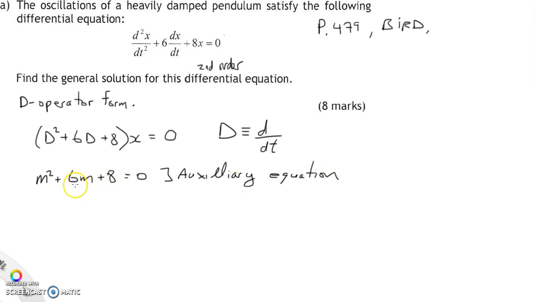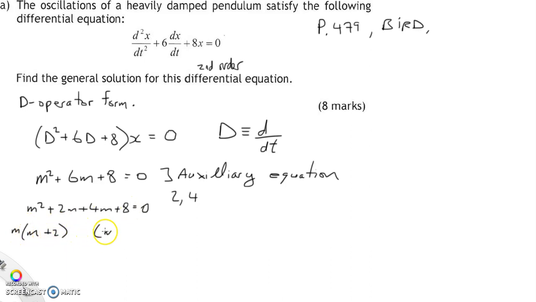Now, what two numbers add together to give plus 6 and multiply together to give plus 8? The numbers are 2 and 4. So we can rewrite this as m squared plus 2m plus 4m plus 8 equals 0. From the first two terms we can pull out an m, so that's m times (m plus 2).